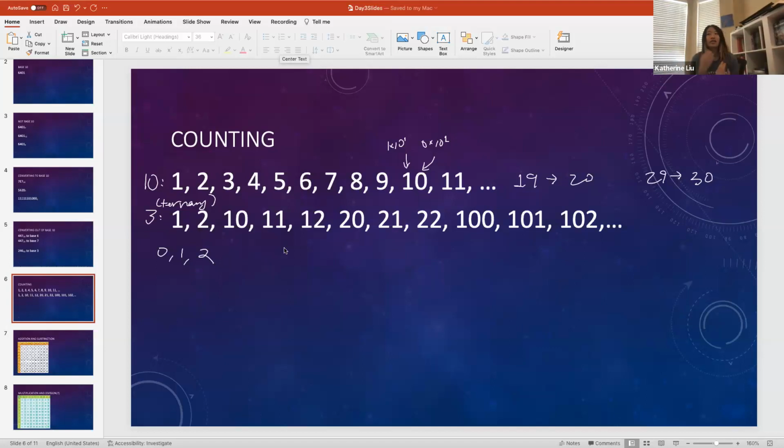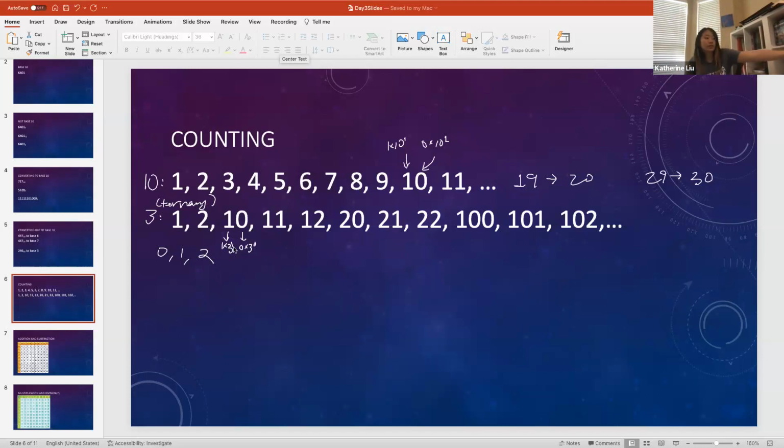Just like in addition, you have to carry if you get a sum greater than 9. So we have 1, 2, and then our way to write 3 is going to be 1 0. Because this is going to be 1 times 3 to the 1 plus 0 times 3 to the 0.